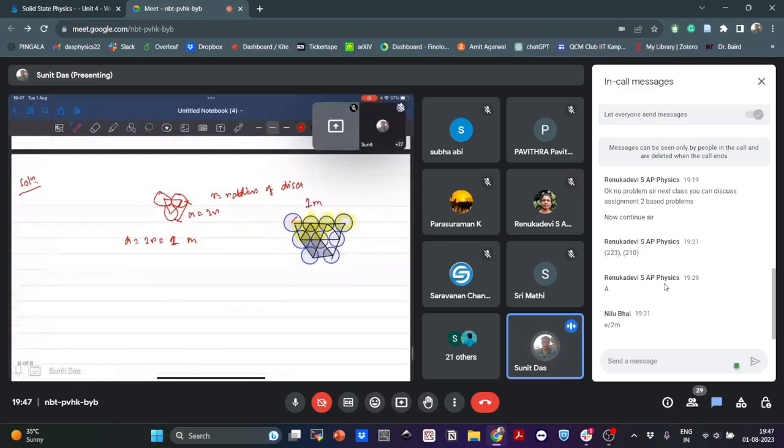Now what is the area of these equilateral triangles? Root 3 by 4 into side square, right?